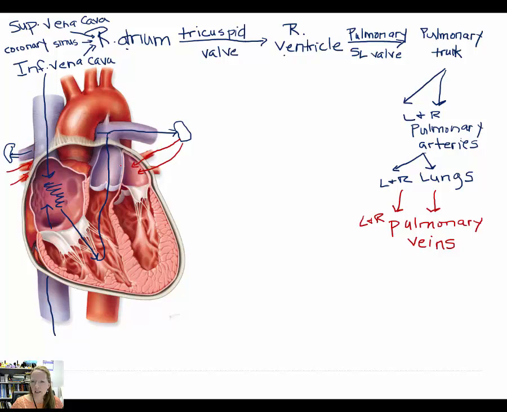So now we are putting those into the left atrium. So we are on the left side of the heart, and we also have oxygenated blood, which means we are, of course, in the systemic circulation or systemic circuit here. All right, so blood is in here in the left atrium, and it needs to go down to the left ventricle.